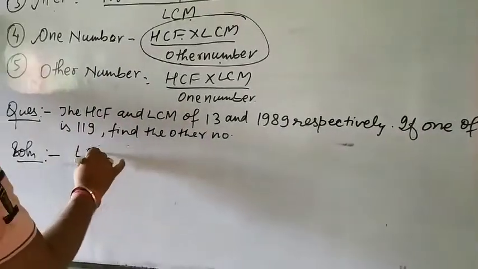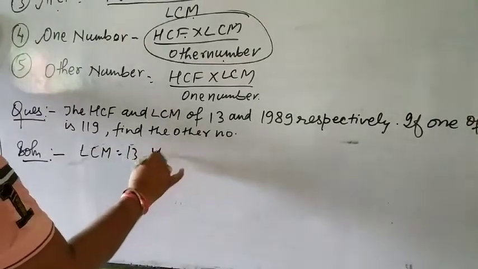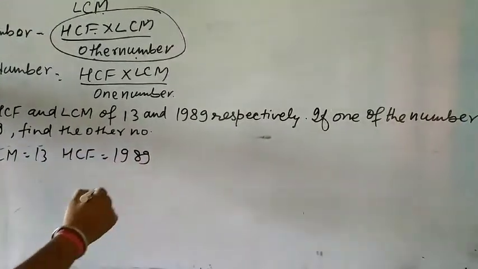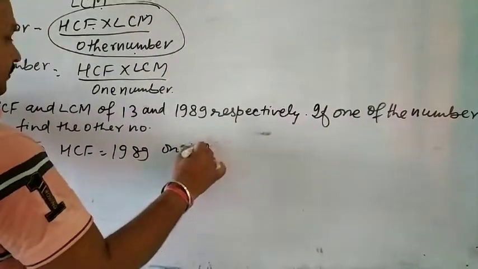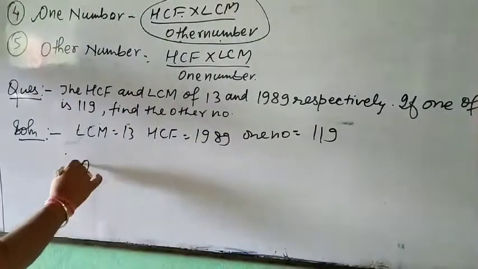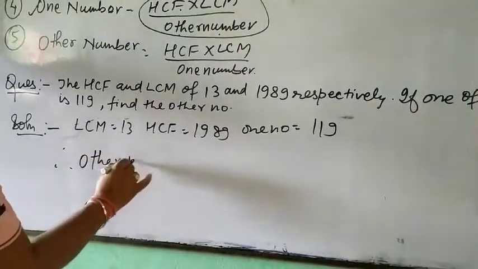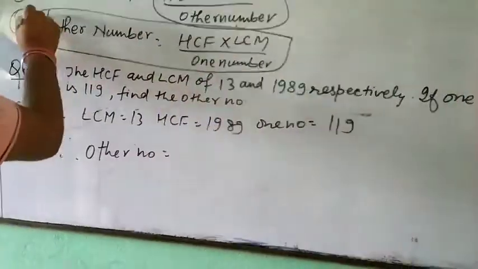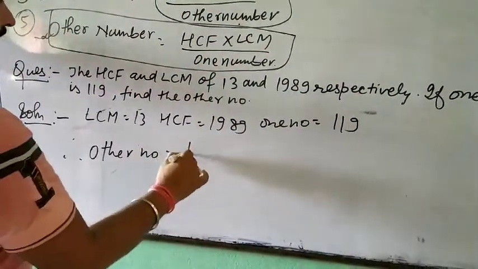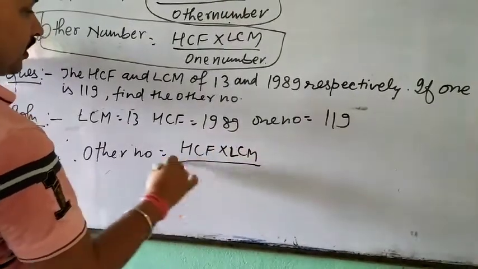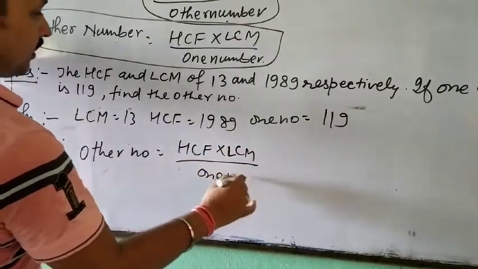LCM equals 1989, HCF equals 13, one number equals 117, so find the other number. The formula is this. So we use HCF into LCM divided by one number.